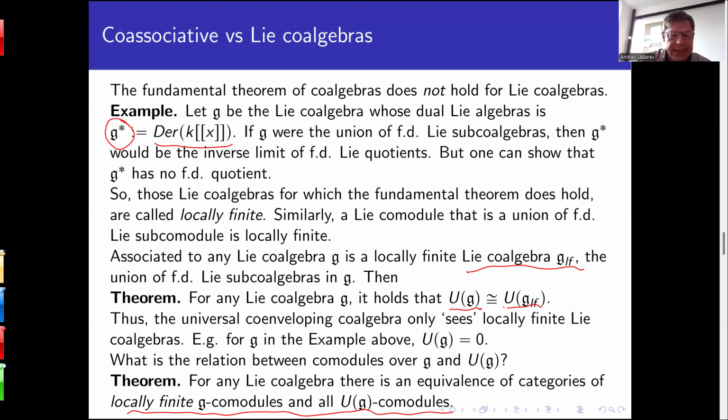Okay, so that's the co-analog of the well-known result about Lie algebras and their universal enveloping algebras. For Lie algebras, representations of Lie algebras are in one-to-one correspondence with representations of their universal enveloping algebras. For Lie coalgebras, we have to consider locally finite representations or co-representations for this to be true.